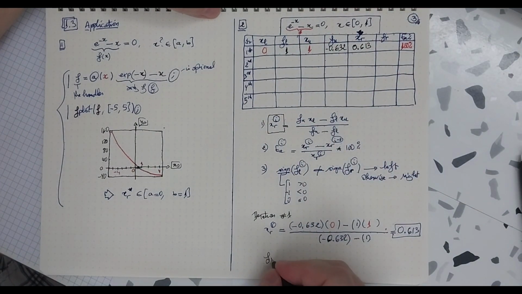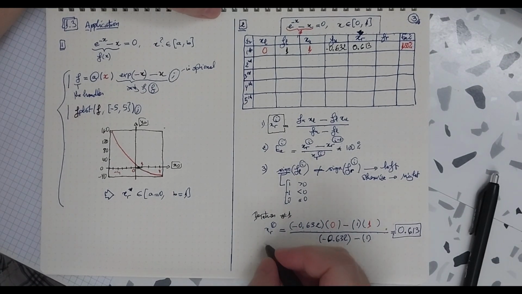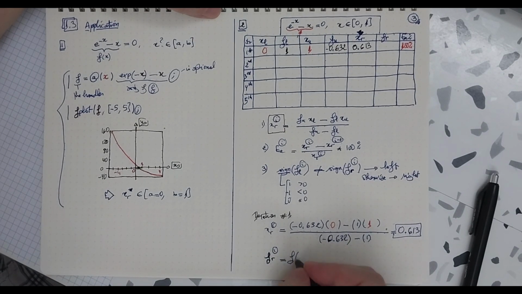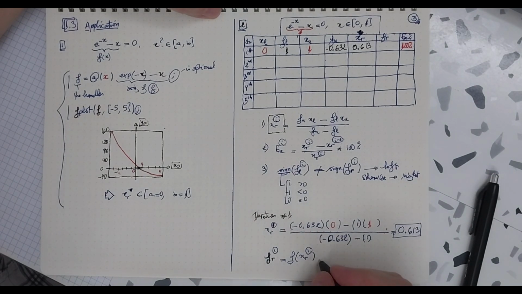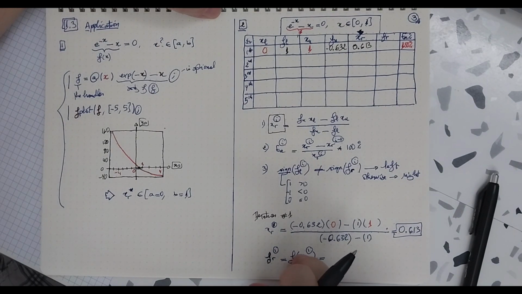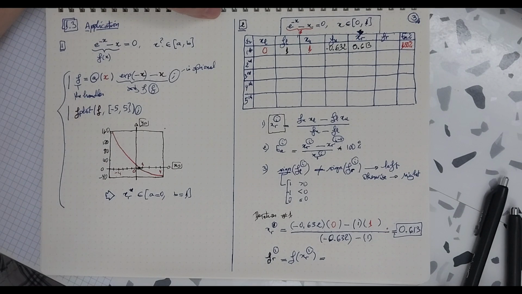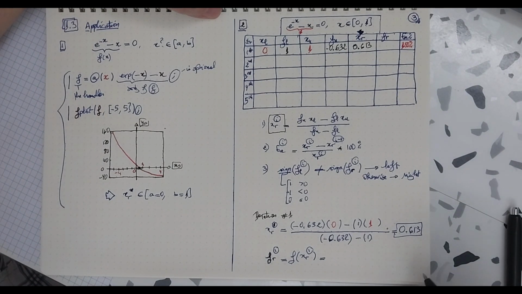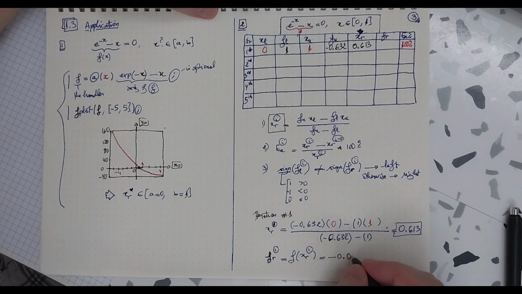Then I take this value to the image and get the value, so FR1. I use the colors for pedagogical reasons. It's the image of XR1. So I take XR1 and put it in F with a calculator, of course, and I obtain the value -0.071.